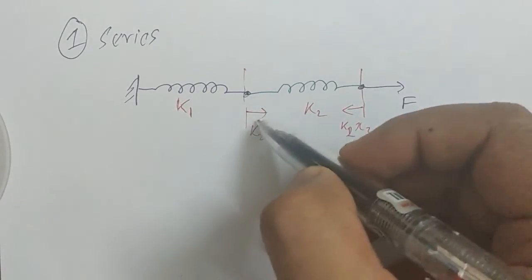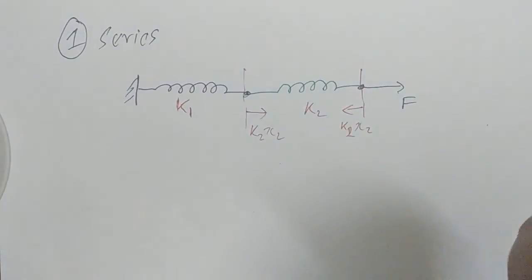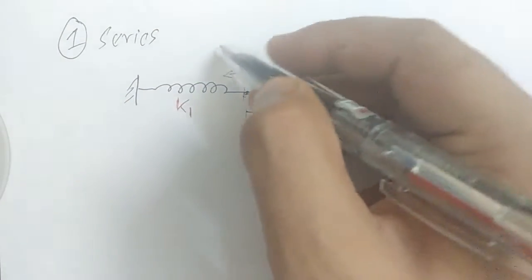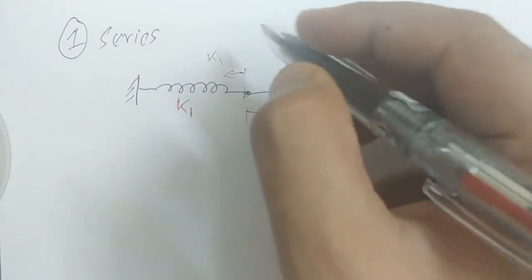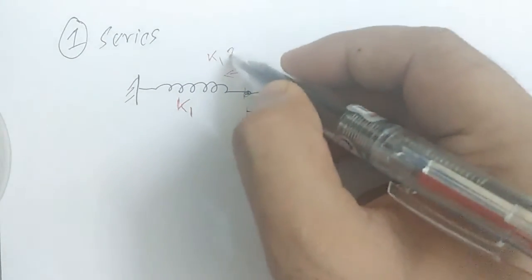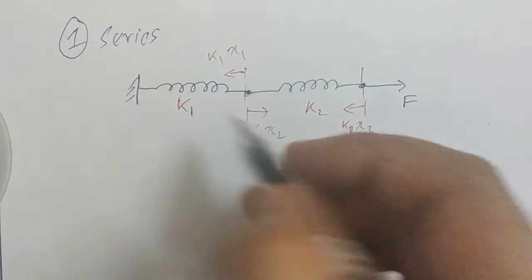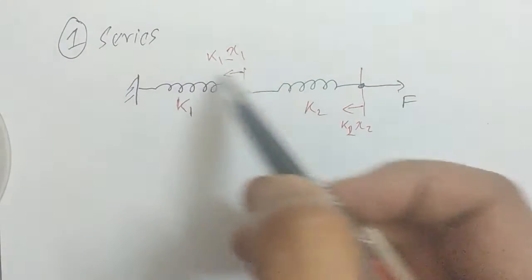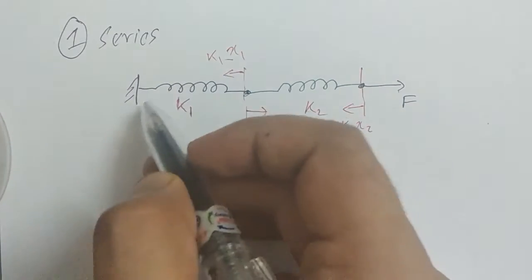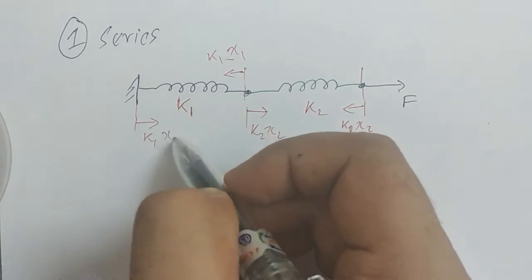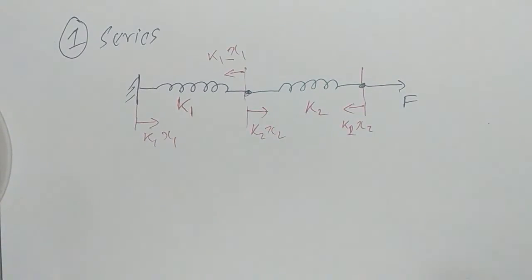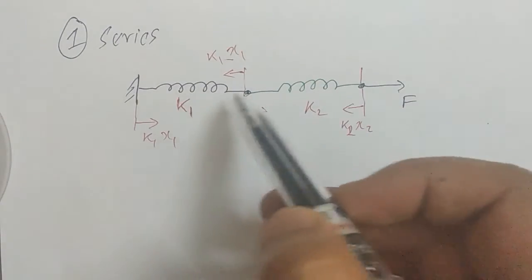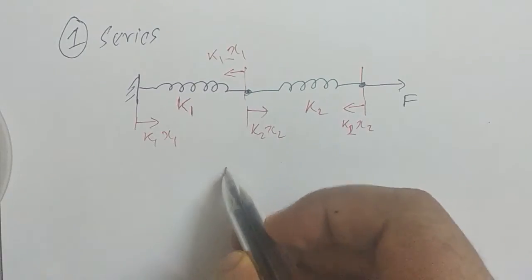And due to this force, again there is a restoring force developed on this side of the spring such that it will act in this direction, and the value is equal to K1 X1. And finally, again due to this a reaction will be developed at this point, and that will be equal to K1 X1. Now in this situation, the force that is acting is the same.